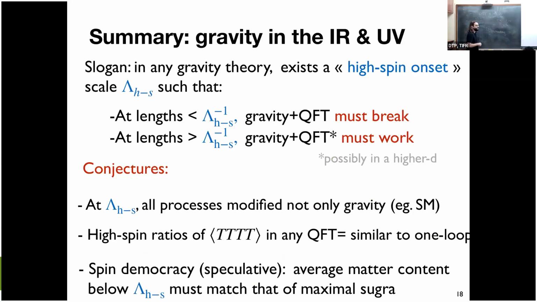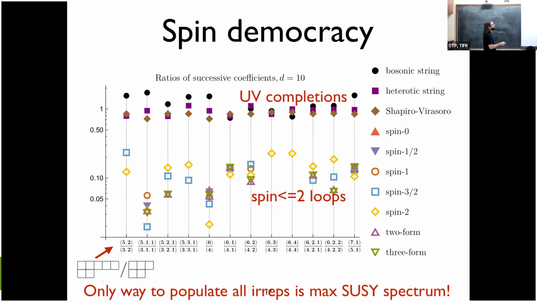Sorry, I missed that point, that the only way to populate all the representations is supersymmetry. Yeah, if you miss one of these particles, you will not be democratic. So different types of particles contribute differently.